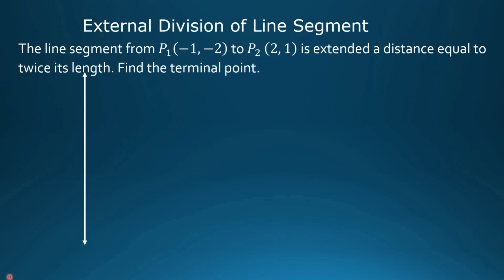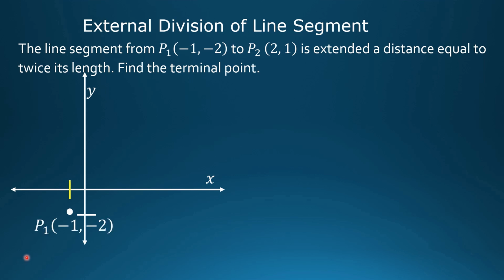Let us first draw a coordinate plane. This is the y-axis. This is the x-axis. Let us plot the first point, P sub 1. Let us say this is the point.